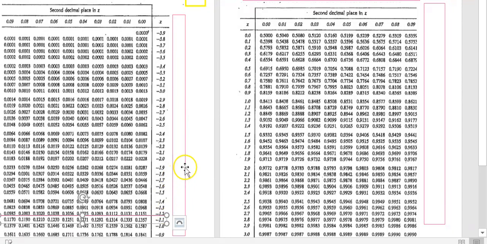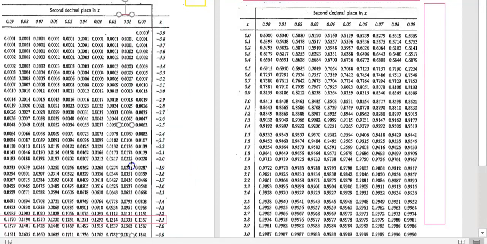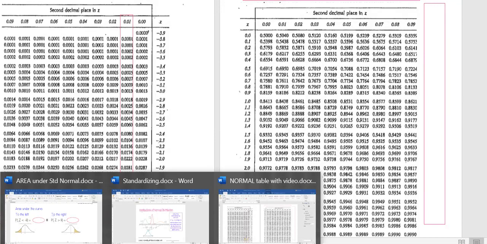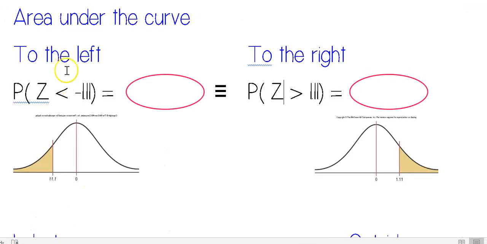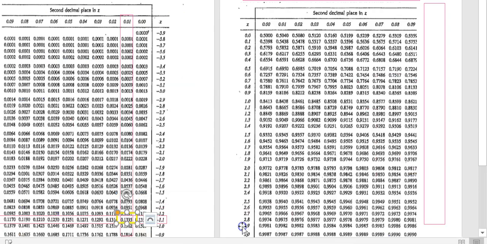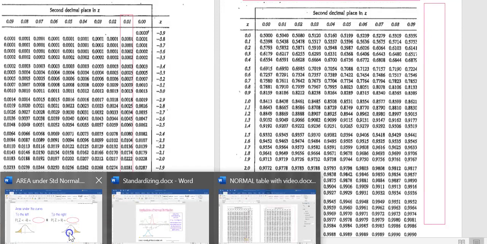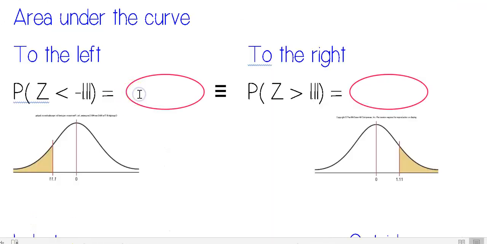And then in the top row, I also want to go to 0.01. You can see the place that this row and column intersect is at 0.1335. So our area under the curve to the left of z equals negative 1.11 is, as we found, 0.1335. So let me fill that in.